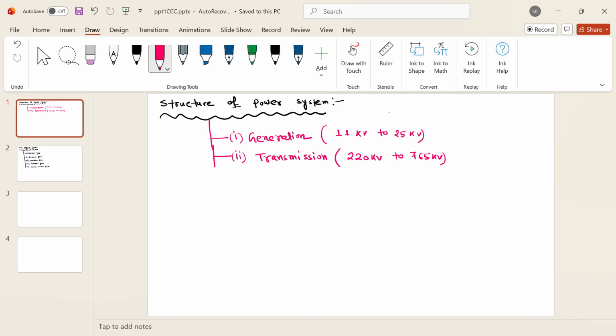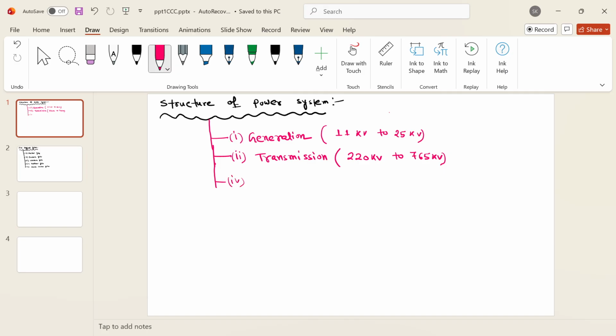Basically, in between transmission and distribution there is one more section, something called sub transmission voltage level, which I will discuss in the single line diagram. But broadly, the basic components in power systems are: first generation, then second transmission, then third distribution.